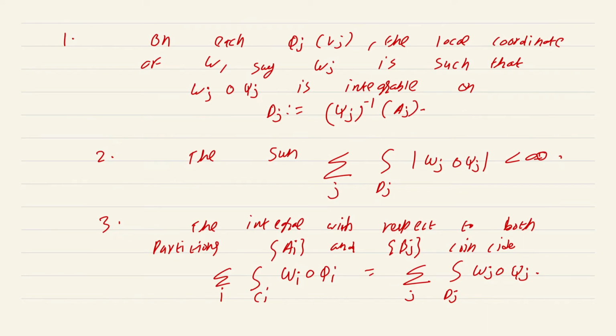Okay, so it doesn't matter which partition via small measurable disjoint subsets whose union covers M you choose, you will get the same value for the integral.